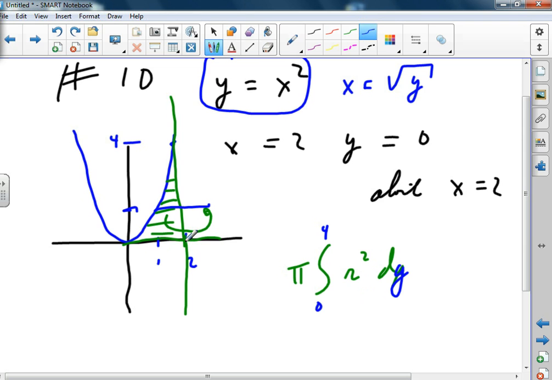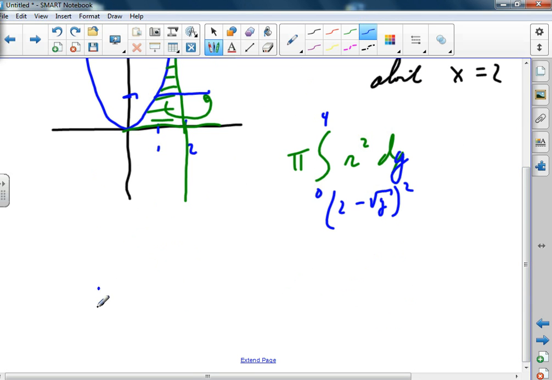It's going to be 2 when I'm at 0. So if I go 2 minus the square root of y, squared. Okay, so at 0, my radius is 2, and at 4, my radius is 0. Okay, so that looks right.